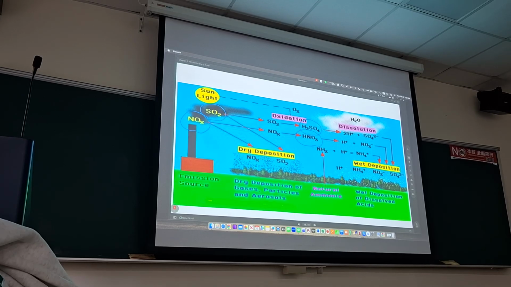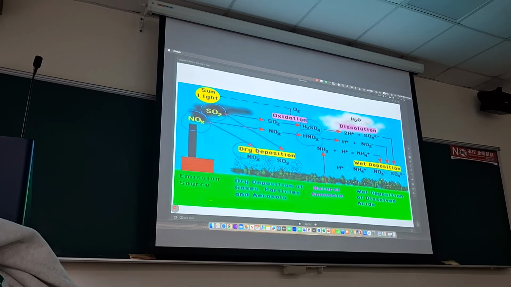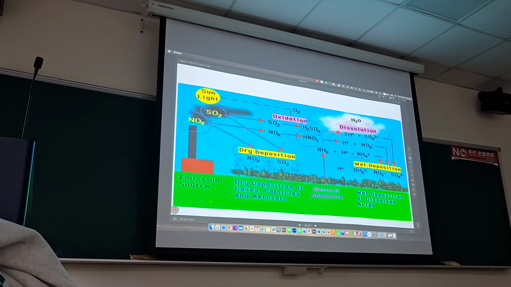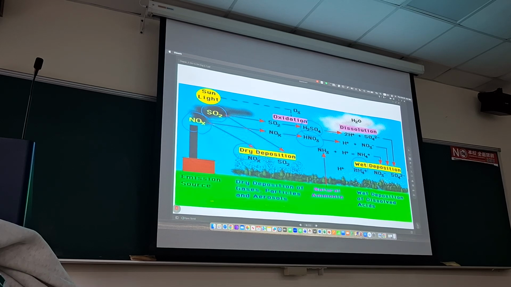There are two kinds of deposition: dry deposition and wet deposition, when those things become water and come with rain.